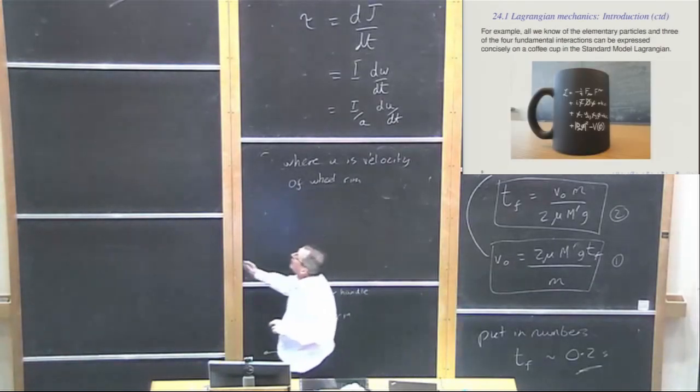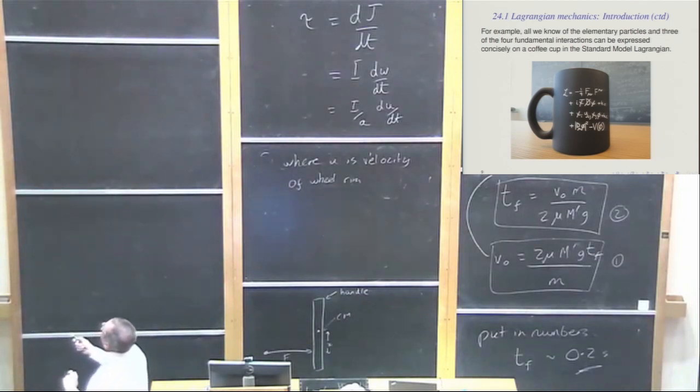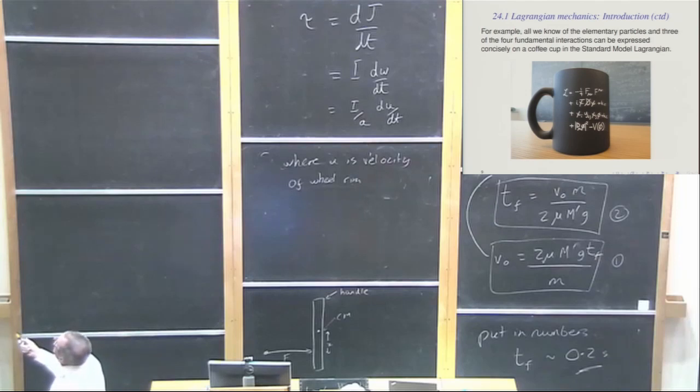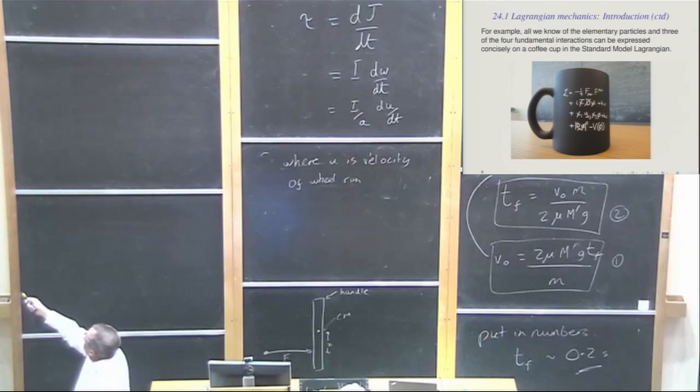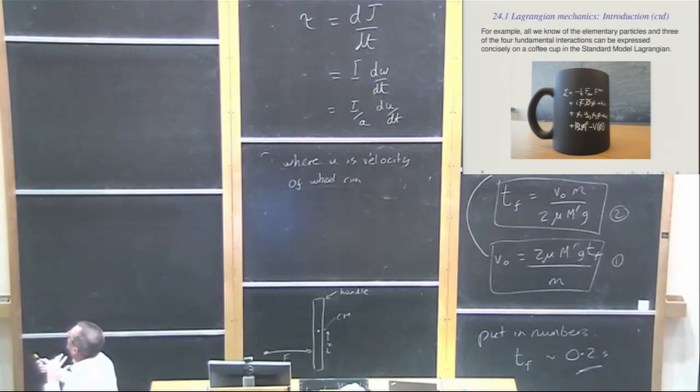So for example, this on a mug, you can buy these mugs at CERN, this is the so-called standard model Lagrangian, and don't worry, this won't appear in the prelims exam, but what this does, this expresses very compactly the whole of physics apart from gravity. So all of everything in physics we know about is somehow expressed in this compact form. So even if you don't know what each of these things is yet, I think you'll agree this is very elegant. So this is to do with the fermionic fields, this is the Higgs potential, etc.